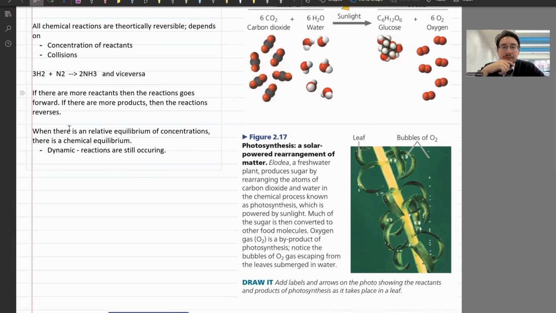They're very important in terms of understanding equilibrium and changes in chemical reactions and the overall net flow of product to reactant ratios. Okay, if there are more reactants, then the reaction goes forward. If there are more products, then the reaction could reverse.